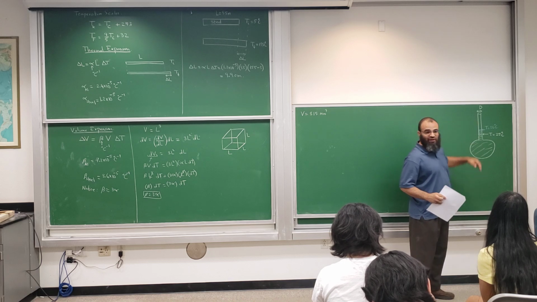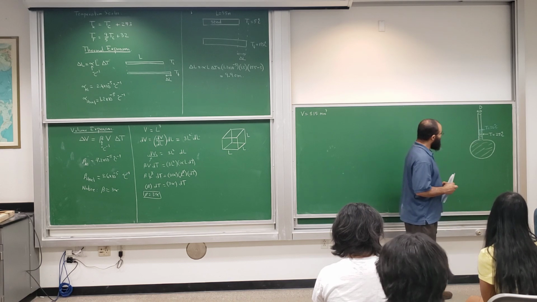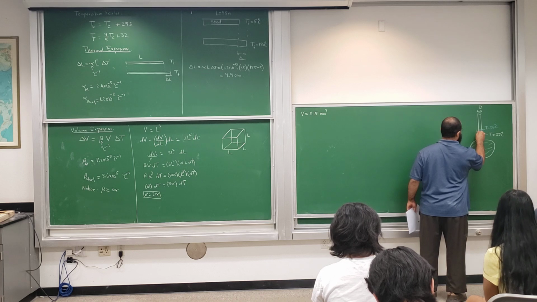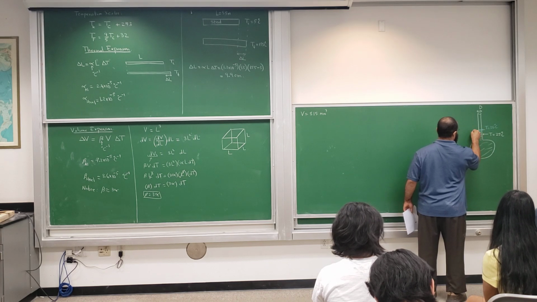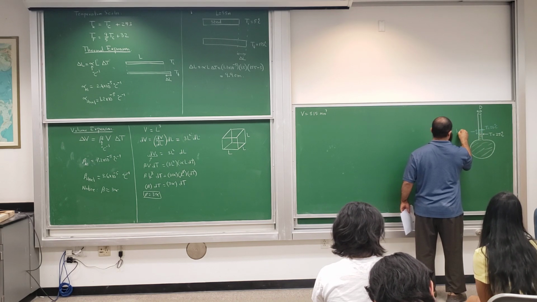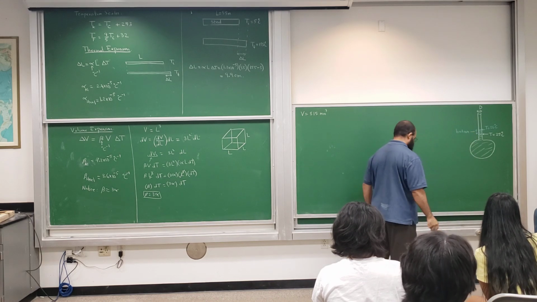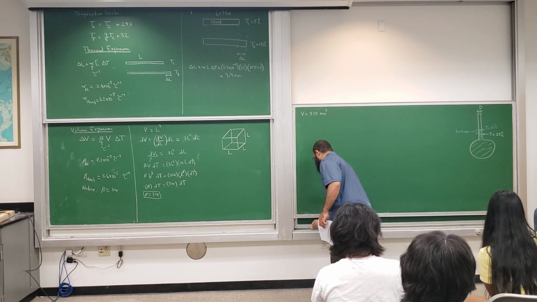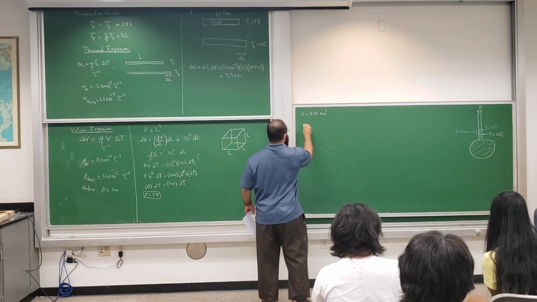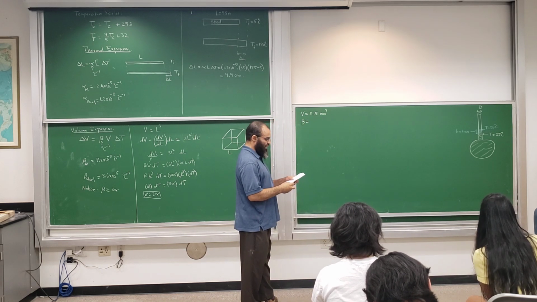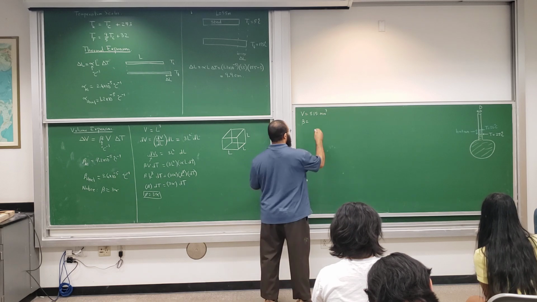So you can see the length easily. Let's say the height increases by 1 millimeter. Let's suppose also this material has a beta of 750 times 10 to the minus 6.